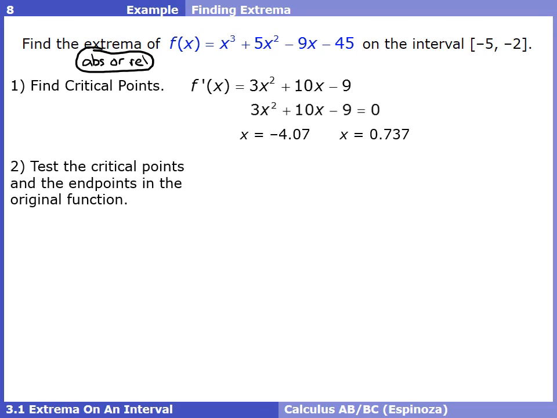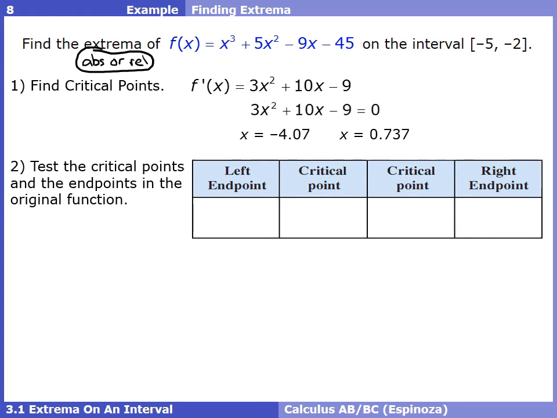Okay, so let's figure out all the y values of the points we have. We again have the endpoints and our critical points. So what are we going to do? Well, we're going to take our x values and plug them into the function to find the y value. The highest y value is the maximum. The lowest y value is our minimum. So at the left endpoint of -5, when you plug it into your function, we'll get 0.